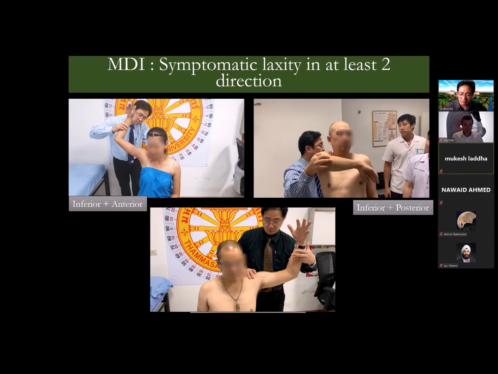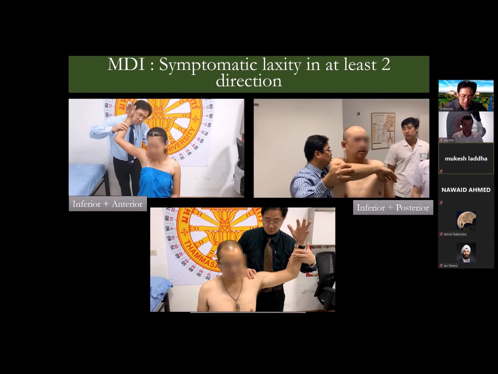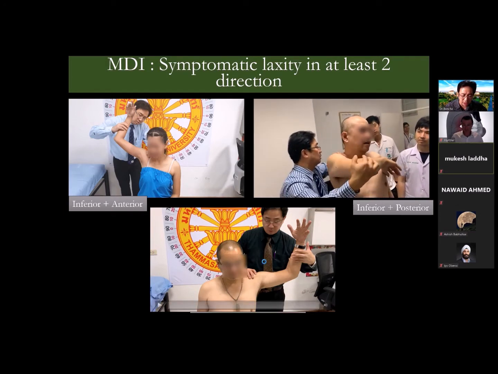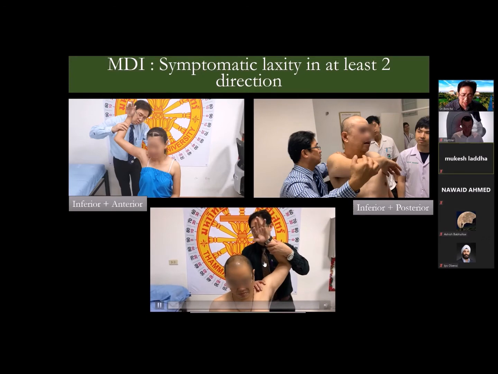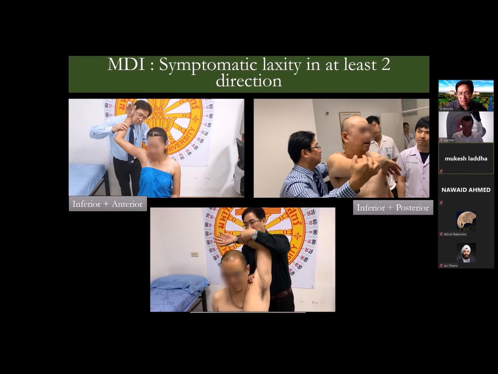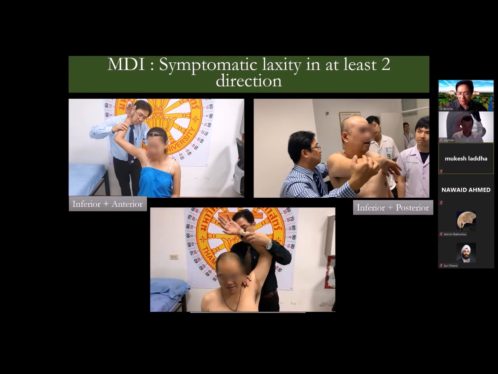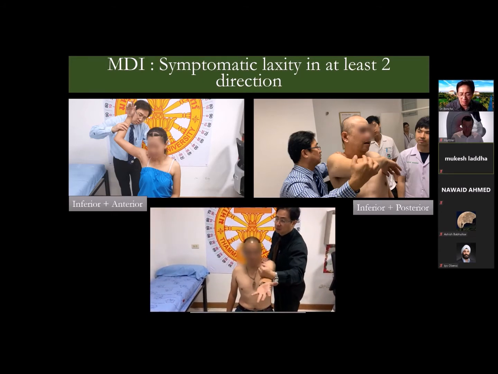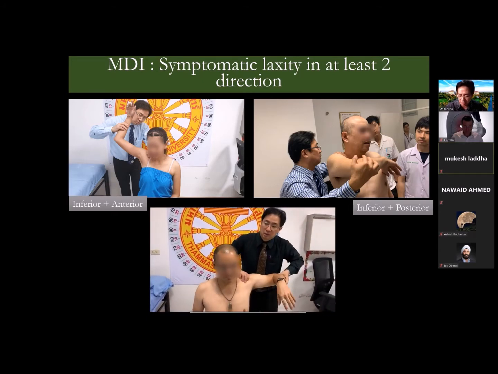So this is the inferior posterior. Another situation is anterior, posterior, and inferior, but it is important that you need to have an inferior component, right? Like this patient, who has symptoms both anterior and posterior.